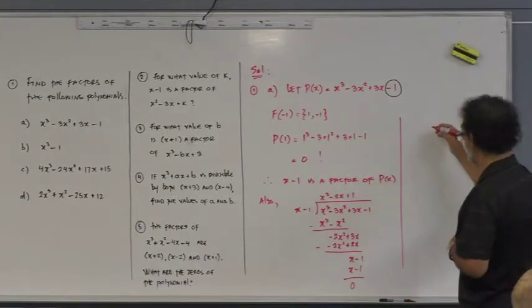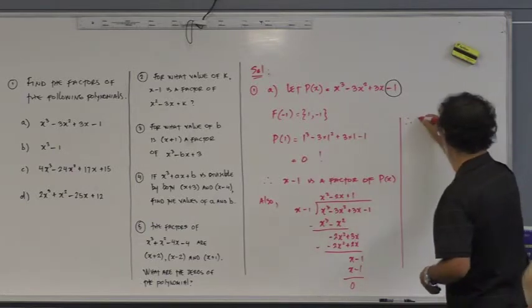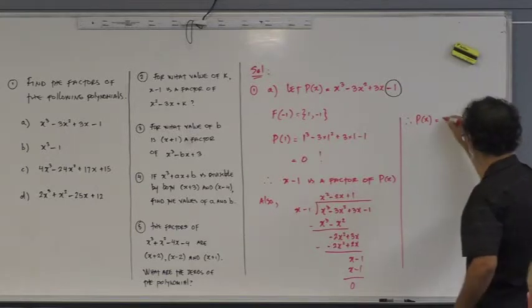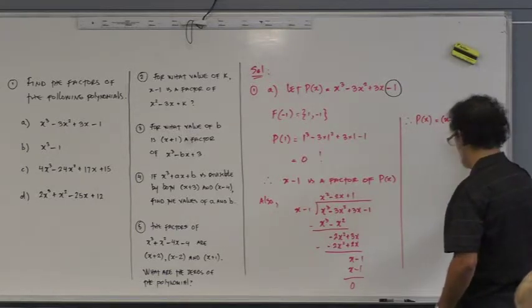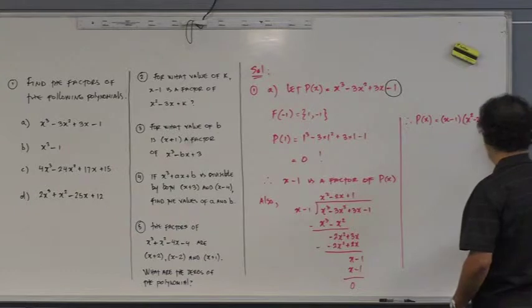Okay, so then finally you're going to say, therefore, my polynomial p of x is looking like x minus 1 multiplied by x squared minus 2x plus 1.